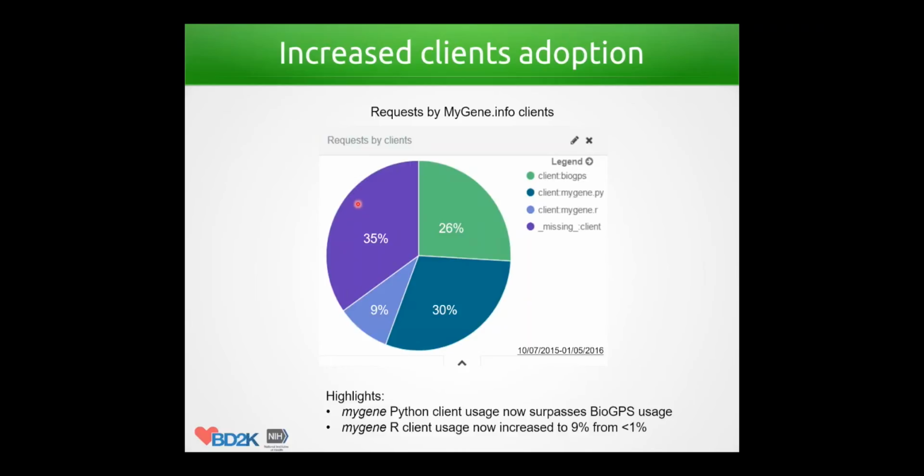The remaining 35% is from users who access our API directly using curl or their programming language. We are happy to see the increase in client adoption because clients provide more convenient functions for users, and also help prevent saturating our server.